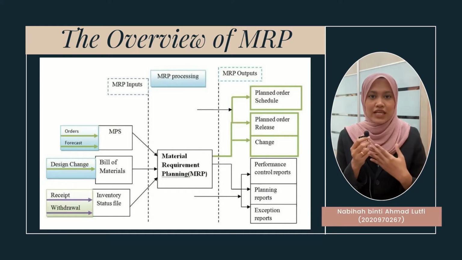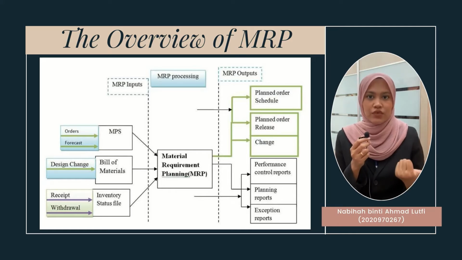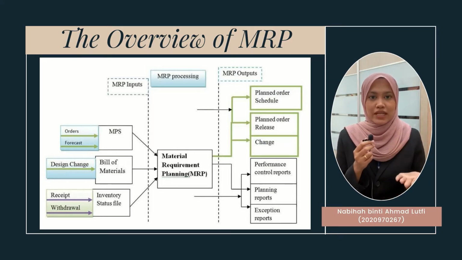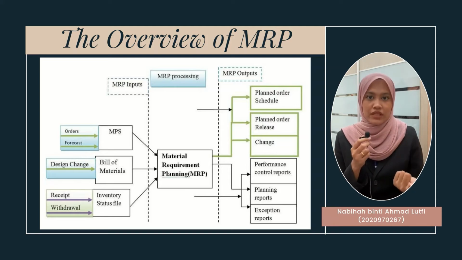Next, I will briefly explain the overview of material requirement planning. As you can see in the diagram, first, we need the input, which are material planning schedule, bill of material, and inventory status or record file to proceed with MRP processing.